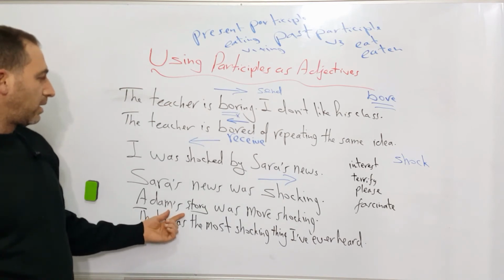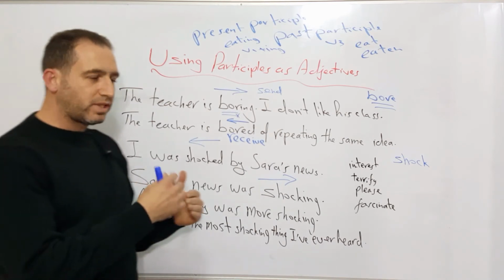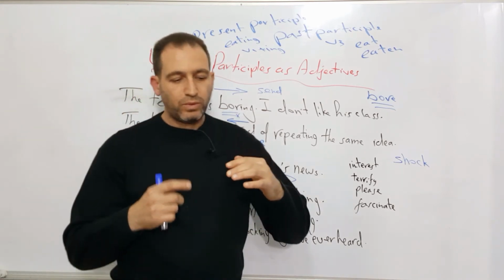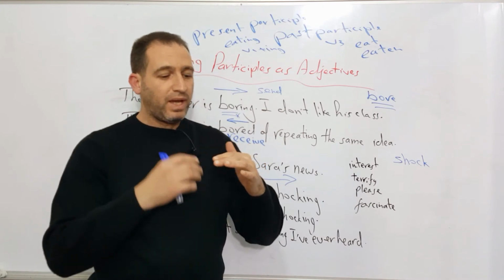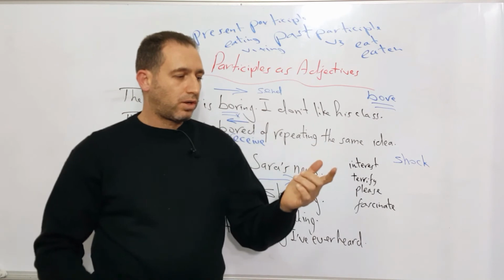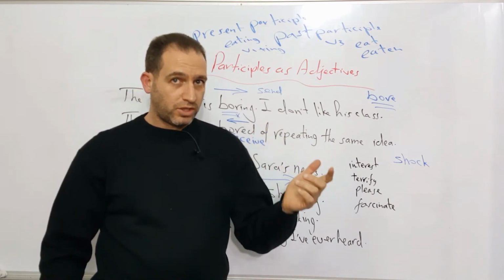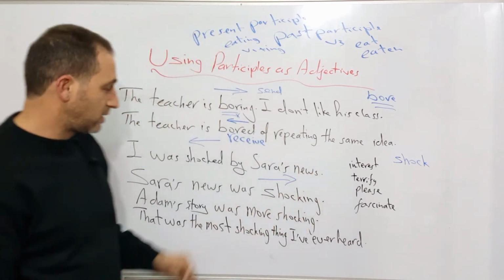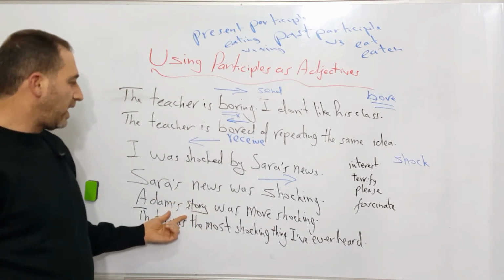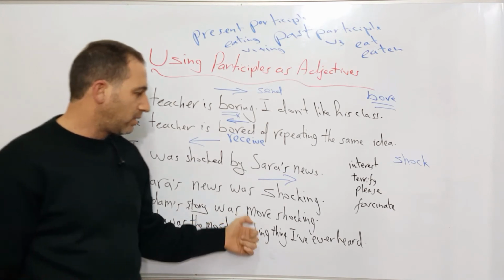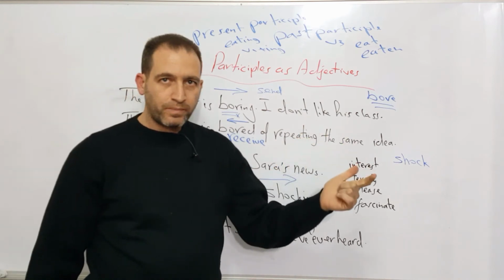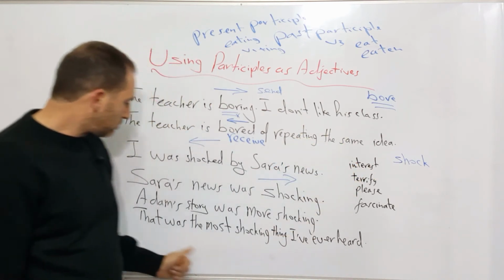How about this one? If I want to add something more, well, you know, with adjectives we have what we call a comparative form, and we have a superlative form. It's just like when you say large, larger, the largest. So the same thing can happen with these. Look at this. Adam's story was more shocking. But with this kind of adjectives, we're going to use more, and we're going to use the most.